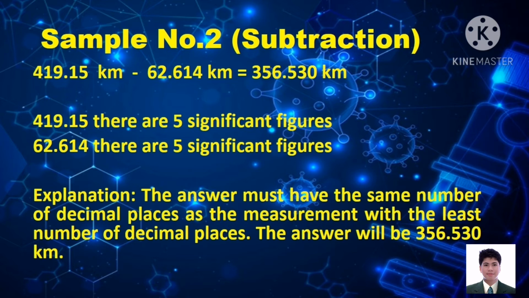Remember, for 419.15, there are 5 significant figures, while 62.614, there are 5 significant figures. The answer must have the same number of decimal places as the measurement with the least number of decimal places. The final answer will be 356.530 kilometers.